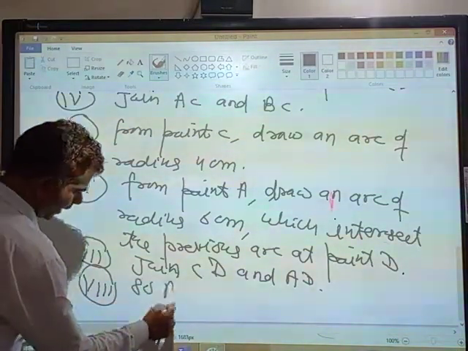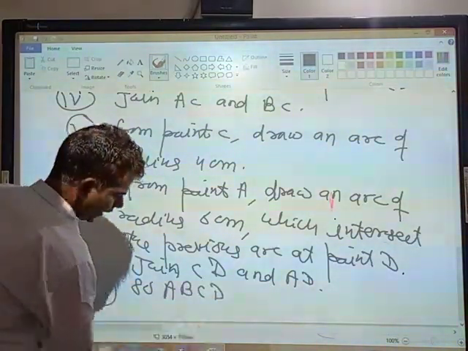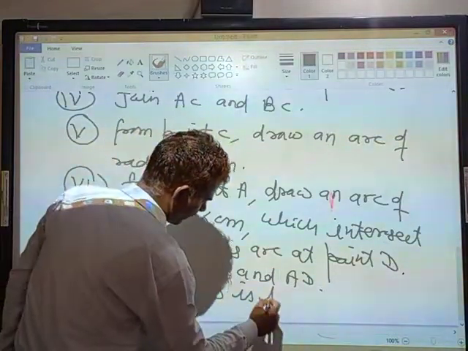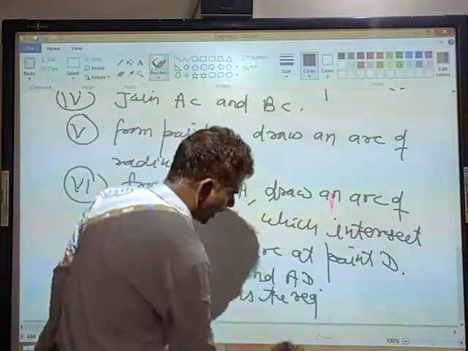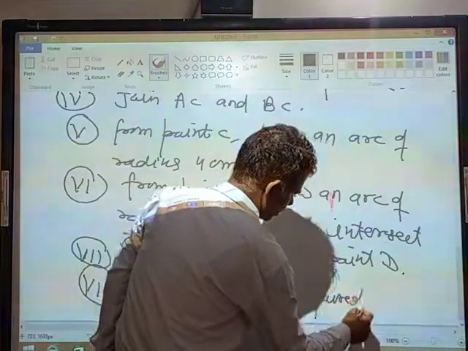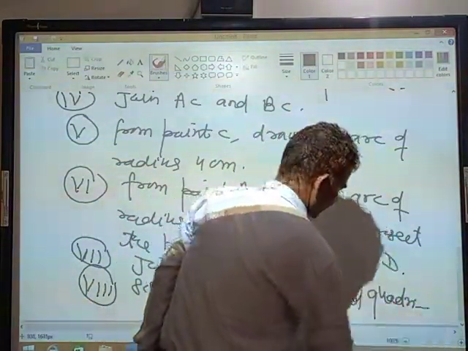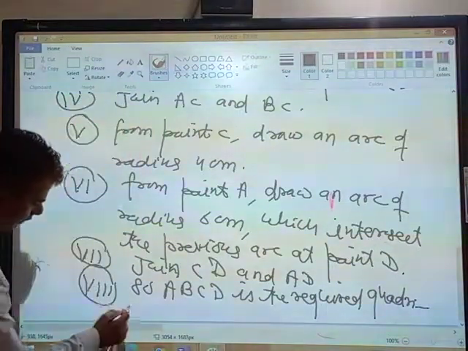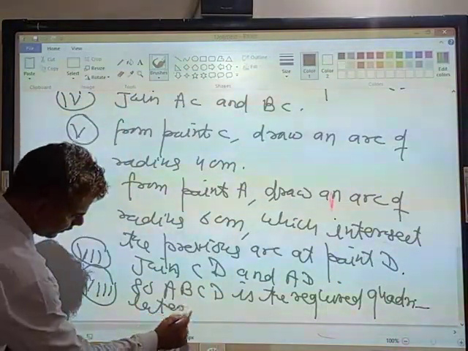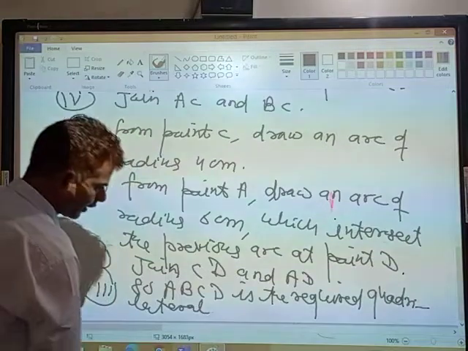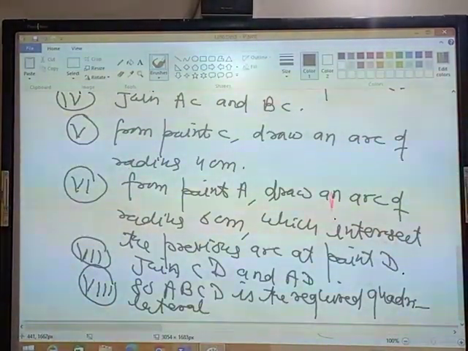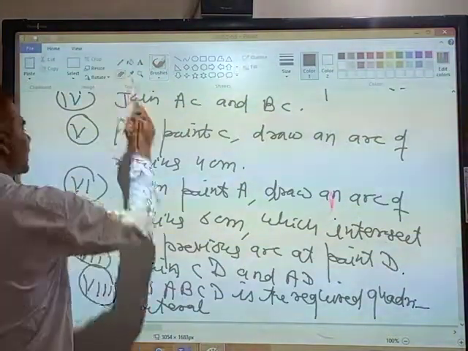So ABCD is the required quadrilateral. Now, what has been written before ABCD?